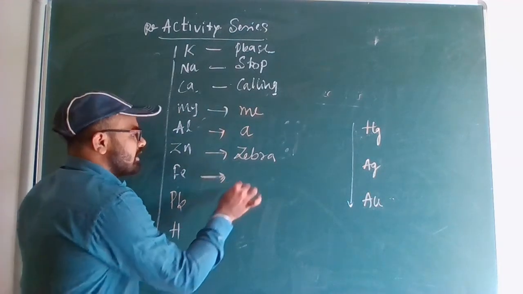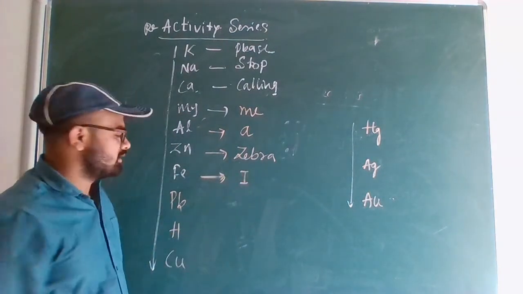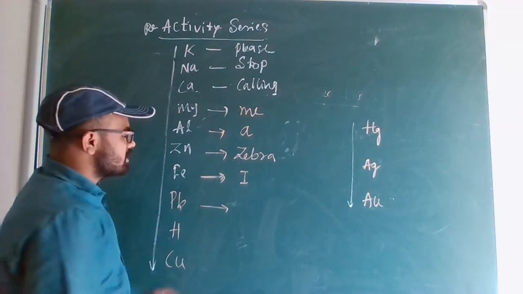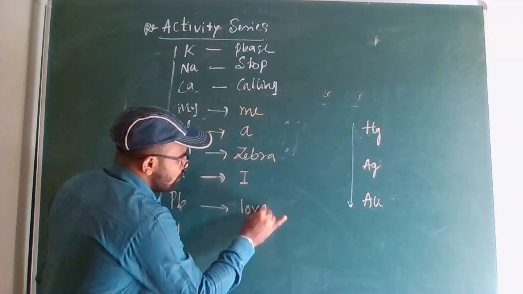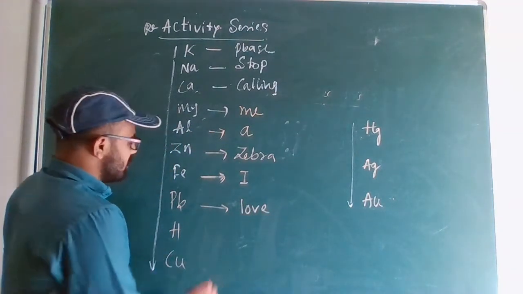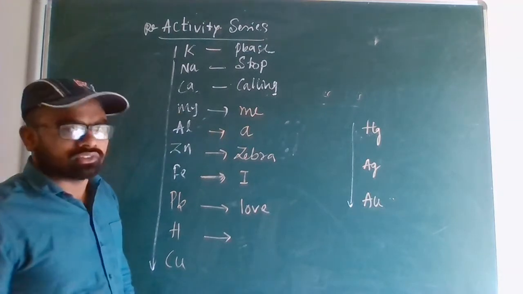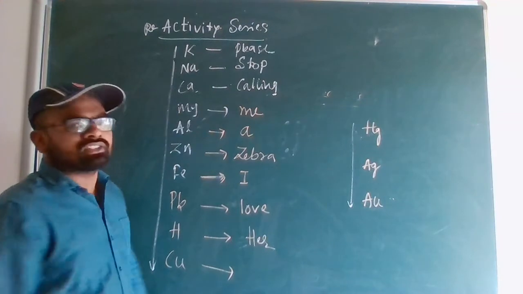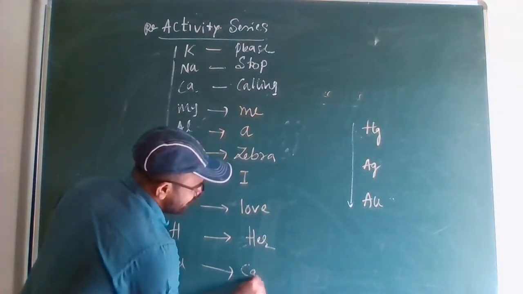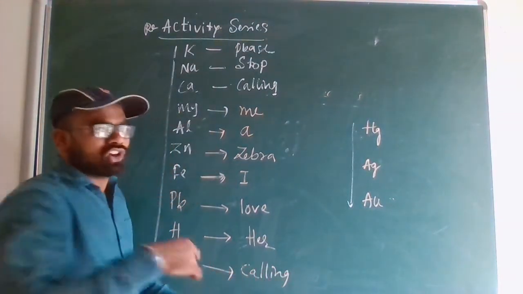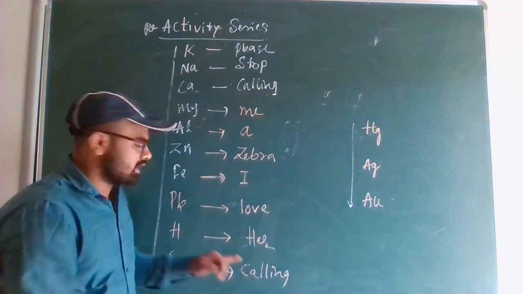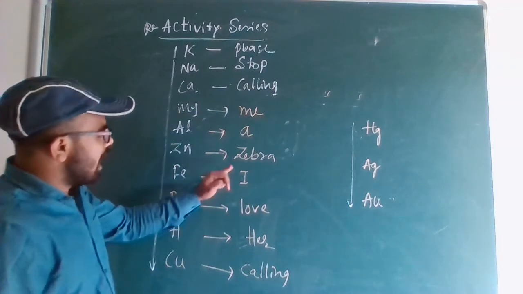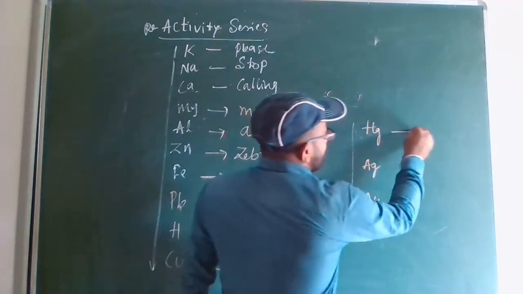Fe means iron, I. Pb means lead, love. H means hydrogen, that means her. Cu means copper, calling. Hydrogen, her. Lead, love. Iron, I love her calling.